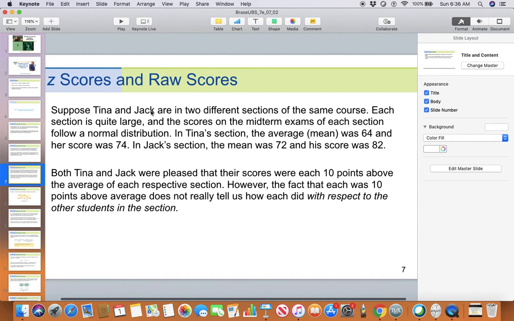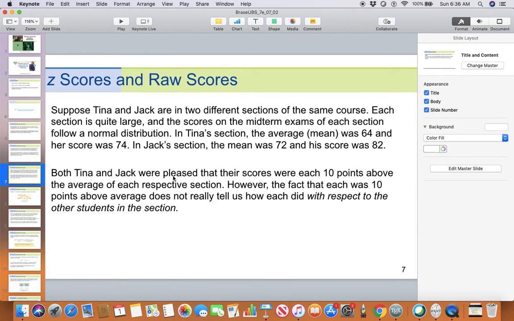For example, suppose Tina and Jack are in two different sections of the same course. Each section is quite large, and the scores in the midterm exams of each section follow a normal distribution. In Tina's section, the mean was 64 and her score was 74. In Jack's section, the mean was 72 and his score was 82.